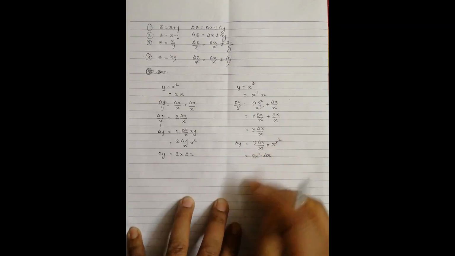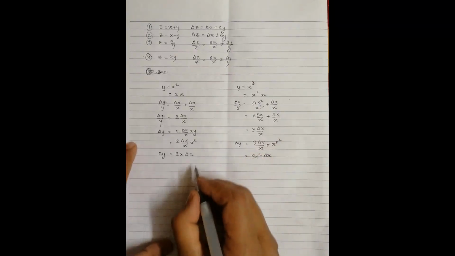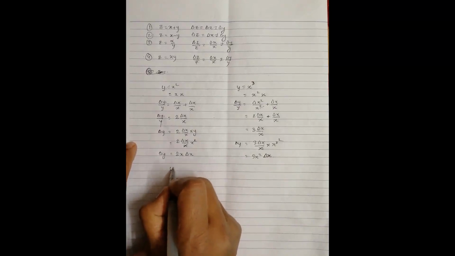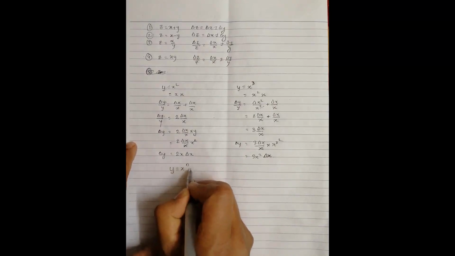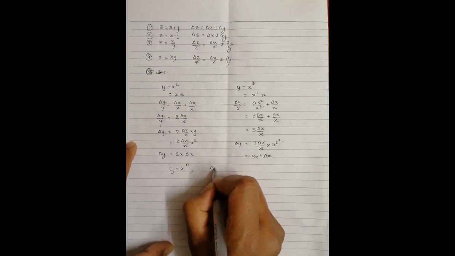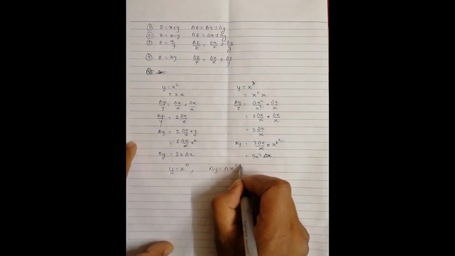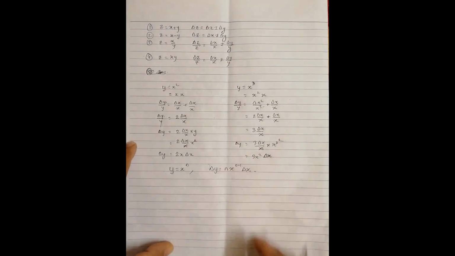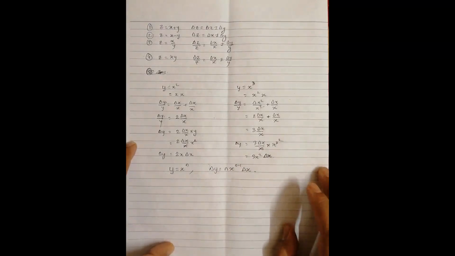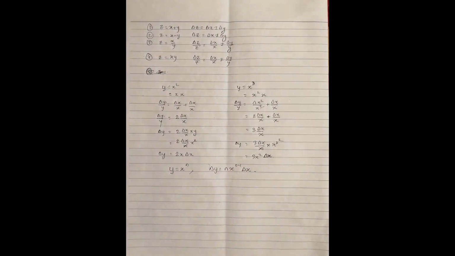So that means if I have y equal to x to the power n, then I have delta y equal to n x power n minus 1 and then delta x. So we can extend the formula somewhat like this.